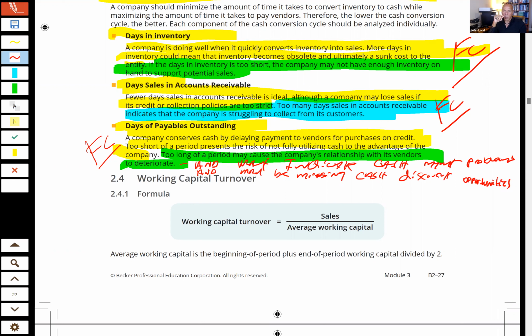But if you wanted to really understand to what extent the company is using those cash discounts, then you'd still want to debit the accounts payable because you don't have to pay them as much.